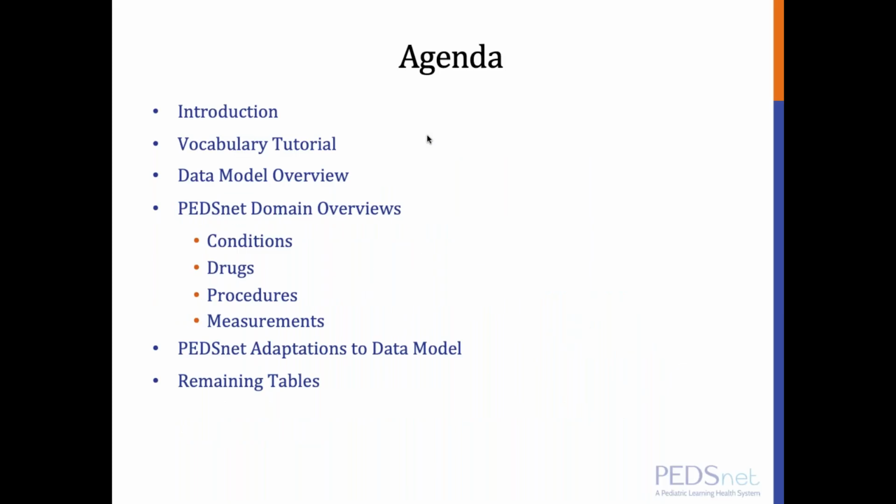So briefly today, what we want to do is talk through the data model that we use in PEDSnet to store the network data and the terminologies that are used to represent those data.